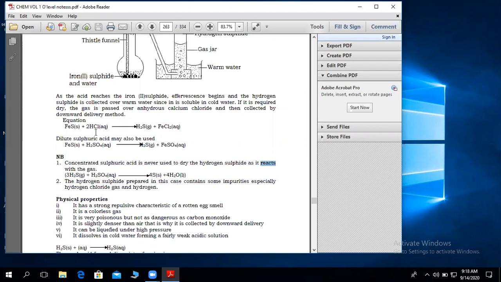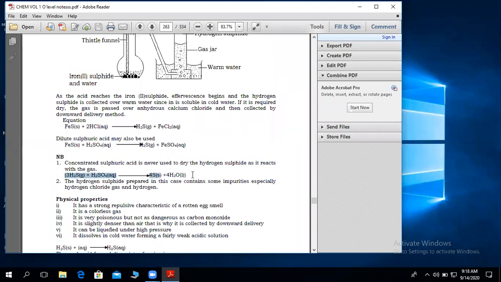So I repeat, we do not use concentrated sulfuric acid to dry hydrogen sulfide gas, because hydrogen sulfide gas reacts with concentrated sulfuric acid, and hydrogen sulfide is oxidized to sulfur, and the equation is here.